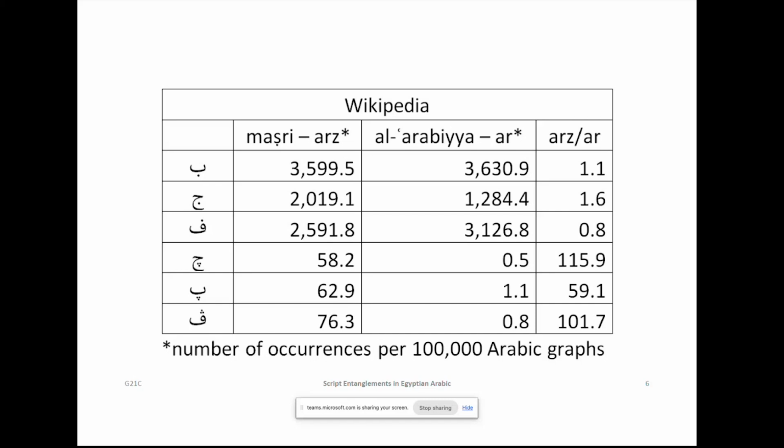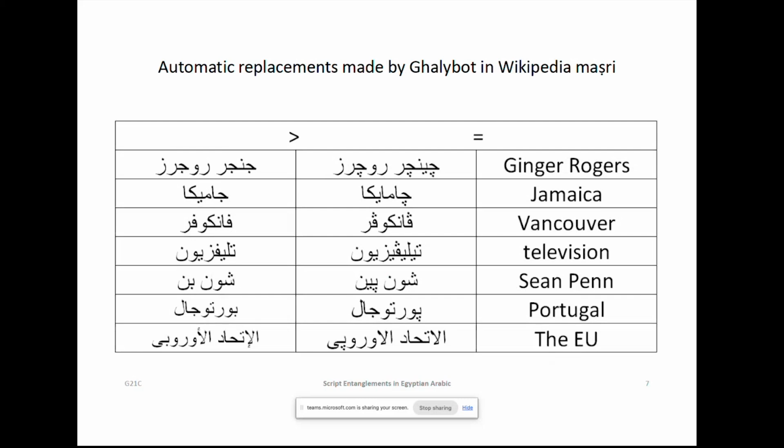Wikipedia Mastery contrasts the conservative approach of Wikipedia Al Arabiya with its desire to reflect the actual pronunciation of words of foreign origin, even if it means expanding the range of graphs used in the language. Further evidence of the desire to use these alternative graphs is RaliBot, the bot created by Rali, the Wikipedian behind the Mastery Wikipedia project, whose automated interventions are the most numerous in this edition.